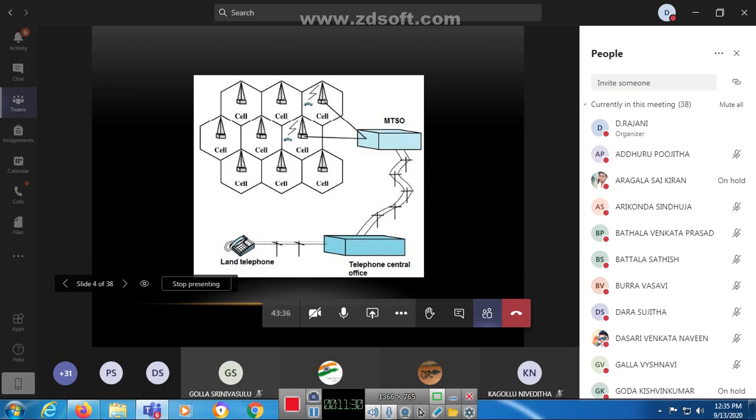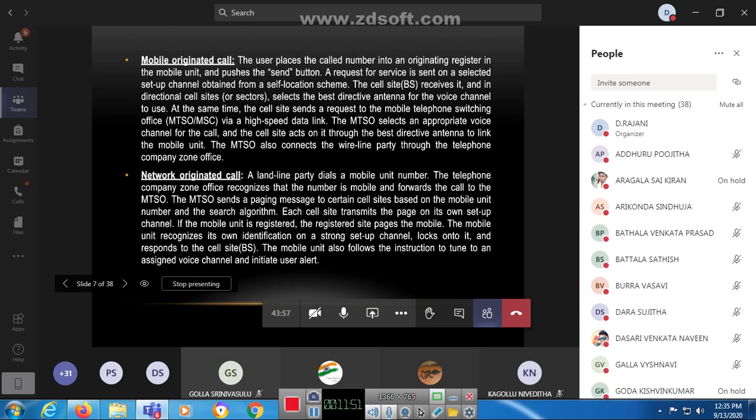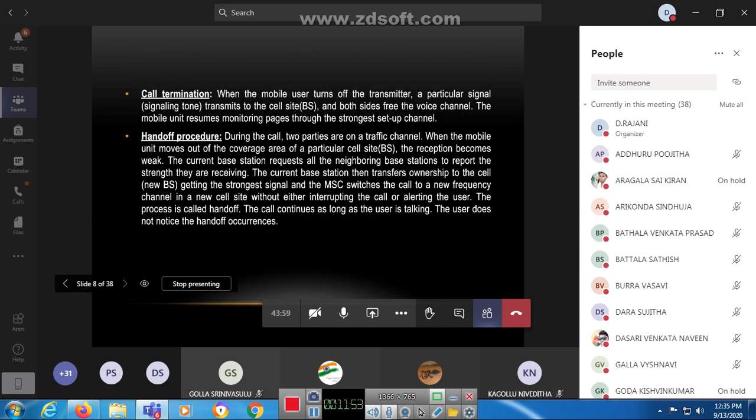Each building has one base station, and both base stations connect to one mobile switching office. Then this mobile switching office connects to the nearer telephone central office, and only then can we make the calls. So that is the network originated call.